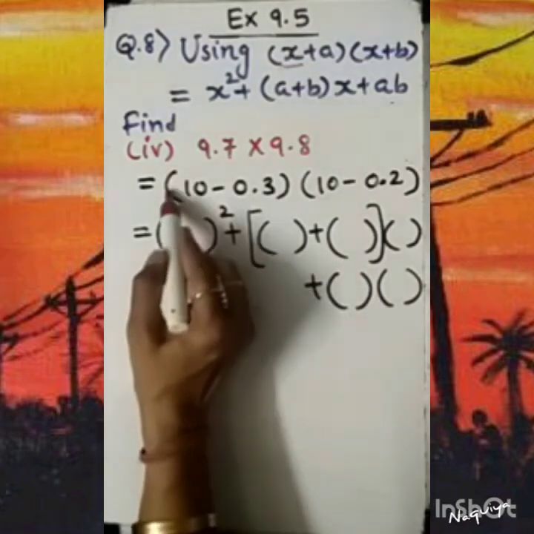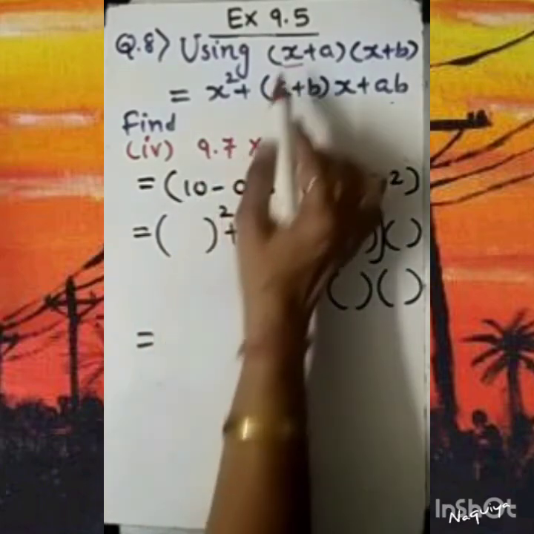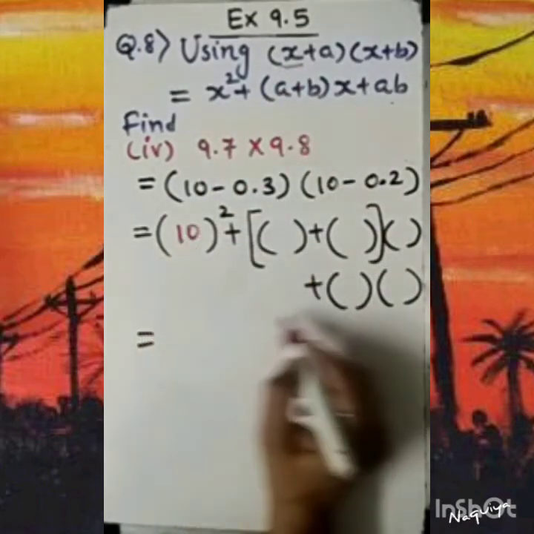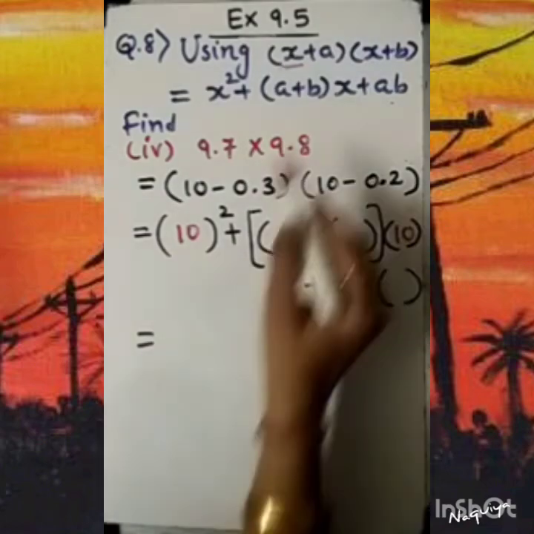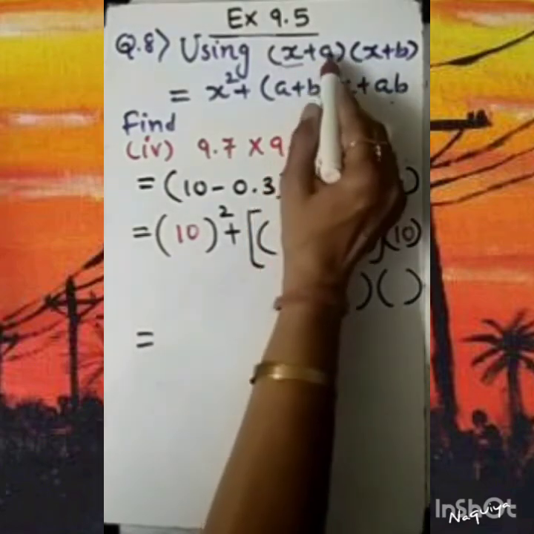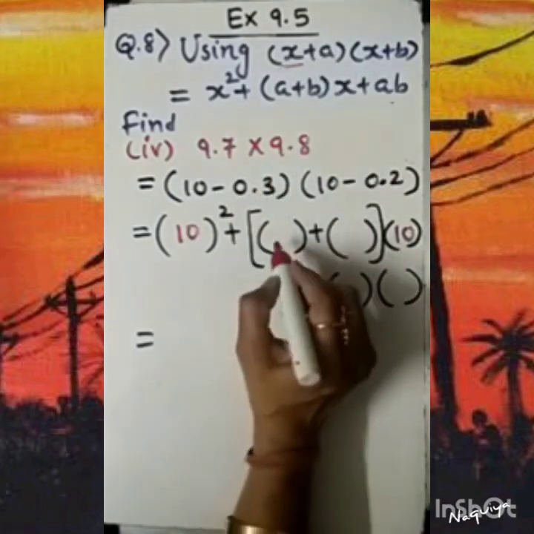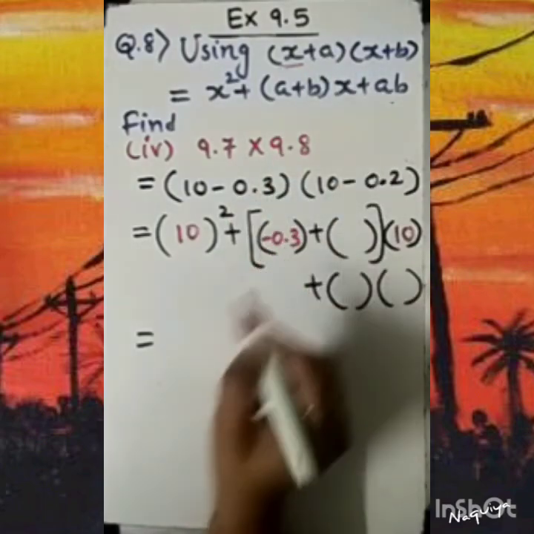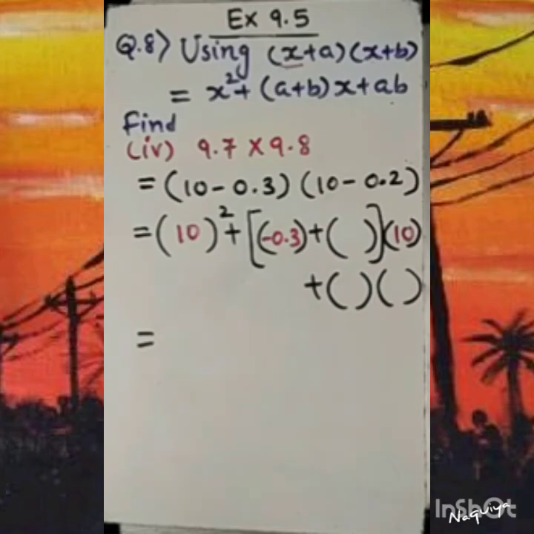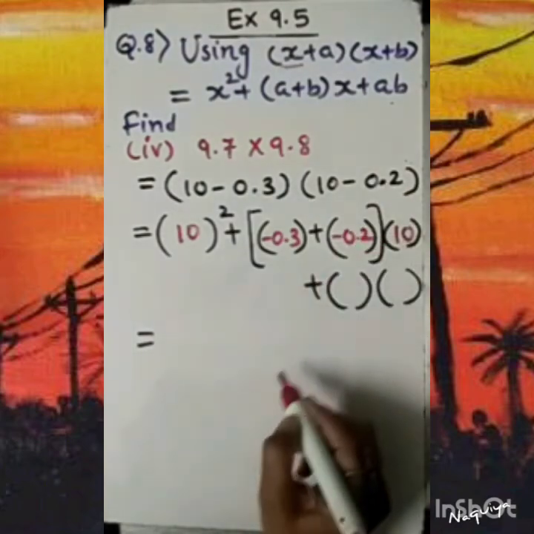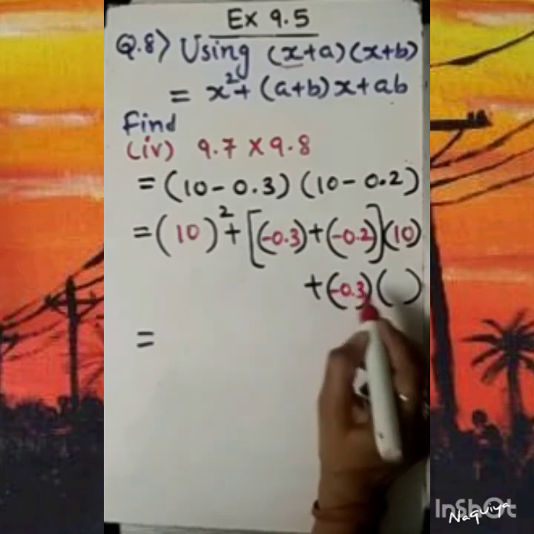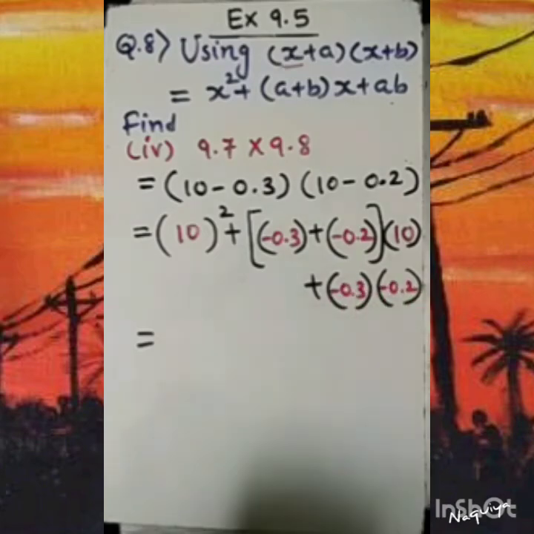The first term will be x, so it will become 10. Of course, here also it will be 10. What is a then? A is this. Here it is positive, so we need to write a negative. Along with the sign, we need to write minus 0.3. Here we have minus 0.2. Minus 0.3 minus 0.2. Fine.